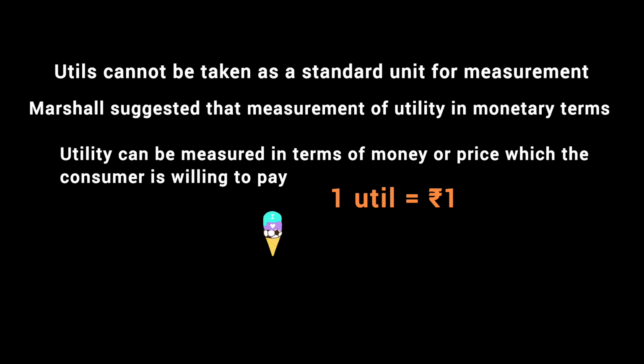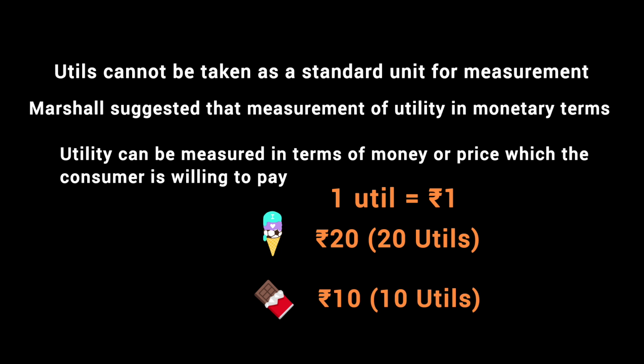Now an ice cream is worth rupees 20 and a chocolate gives utility of rupees 10. This is termed as the value of utility in terms of money. The advantage of using monetary value instead of utils is that it allows easy comparison between utility and price paid, since both are in the same unit.